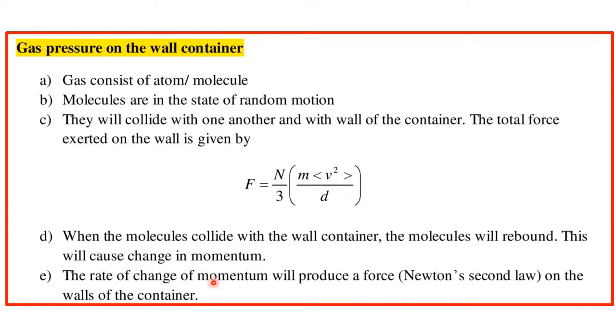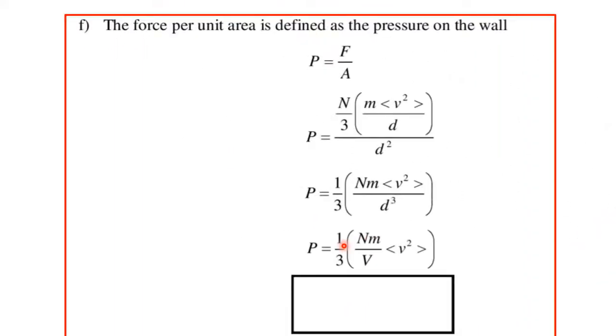The rate of change of momentum will produce a force on the walls of the container. So, the force per unit area is defined as the pressure on the wall. So, formula for pressure is pressure equals force over area.